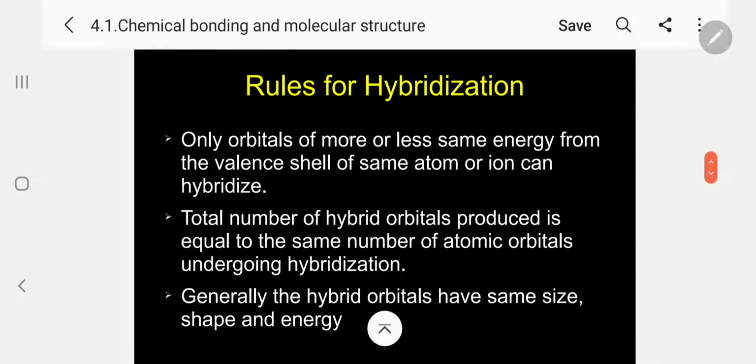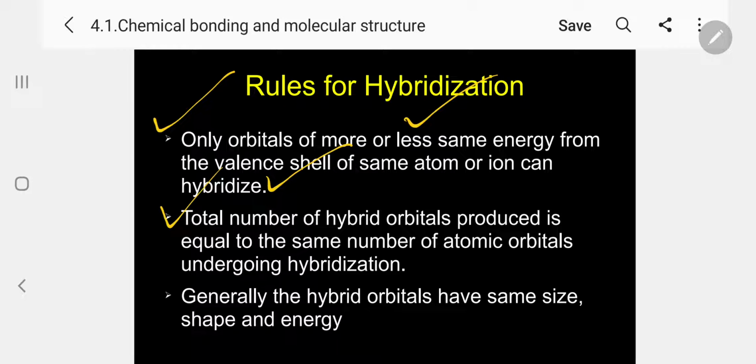So what are the rules here? Number 1: only orbitals of more or less the same energy from the valence shell of the same atom or ion, that is, the central atom or ion, can hybridize.